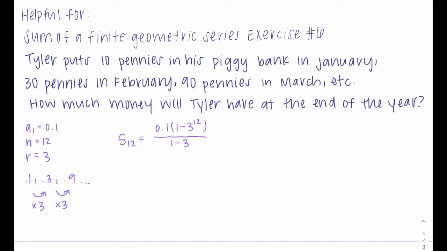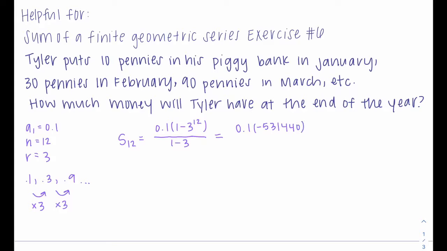So now we can just throw that into our calculator. I'm going to show you all of the steps because we like to do that. I have 0.1 times 1 minus 3 to the 12, which is negative 531,440.